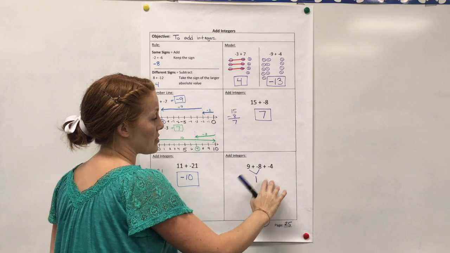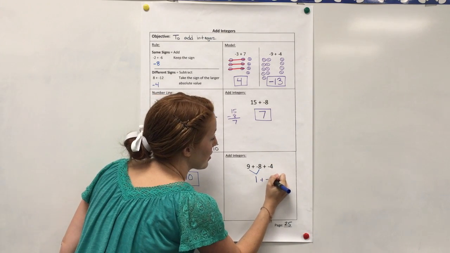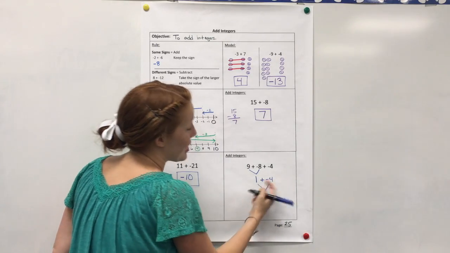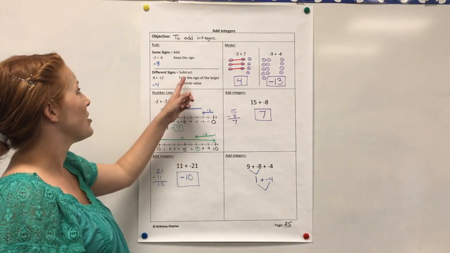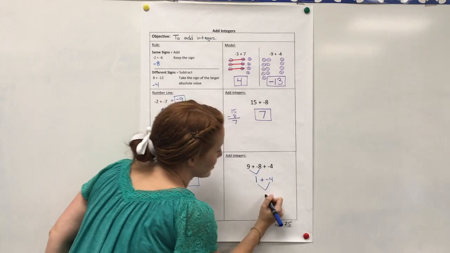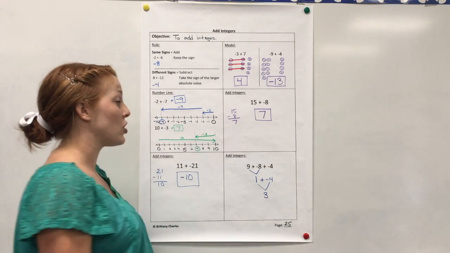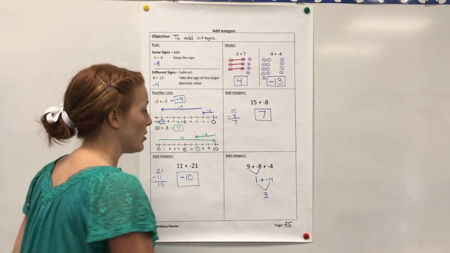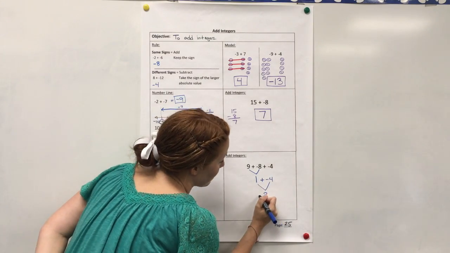Then I'm going to bring this down, plus -4. Okay, now I need to do this one. Again, they're different signs. So I subtract, 4 minus 1 is 3. Sign of the larger, the absolute value of 4 is bigger than 1, so it's going to be -3.